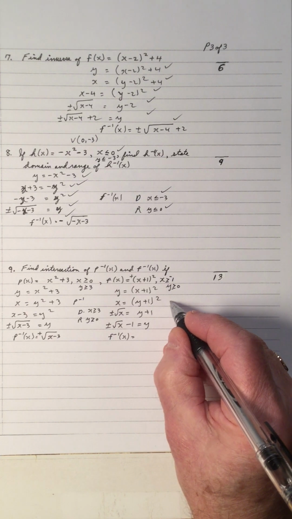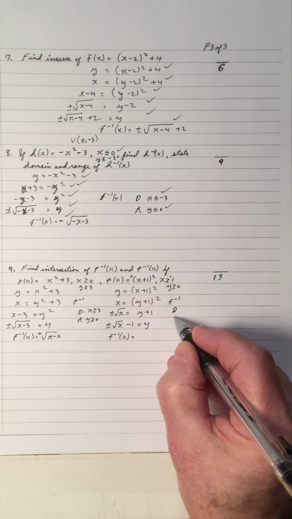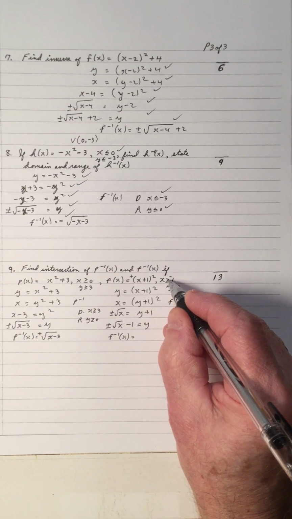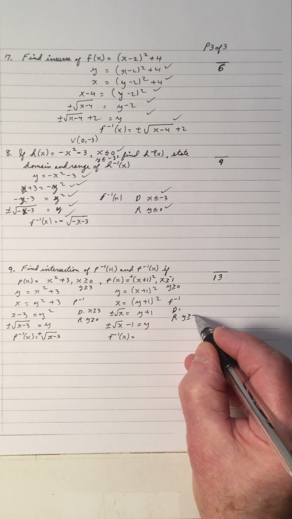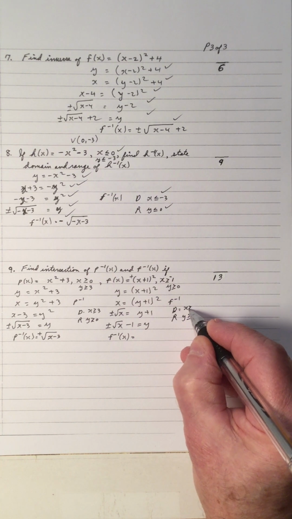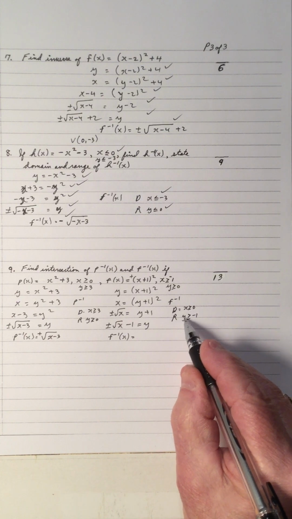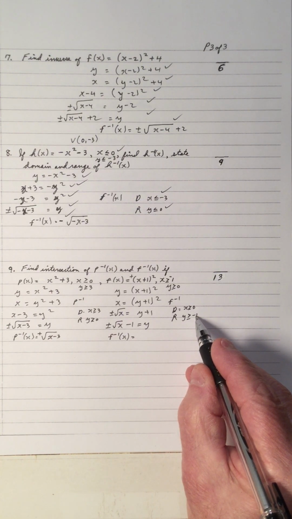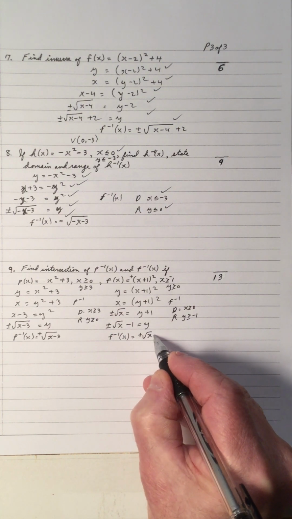So in the f to the negative 1, domain and range, your domain is your range. So y is greater than or equal to negative 1. And your range is your domain, x is greater than or equal to 0. So this is your domain and range, but the y's got to be greater than or equal to negative 1. Again, that's the plus, so it's the plus root x minus 1.